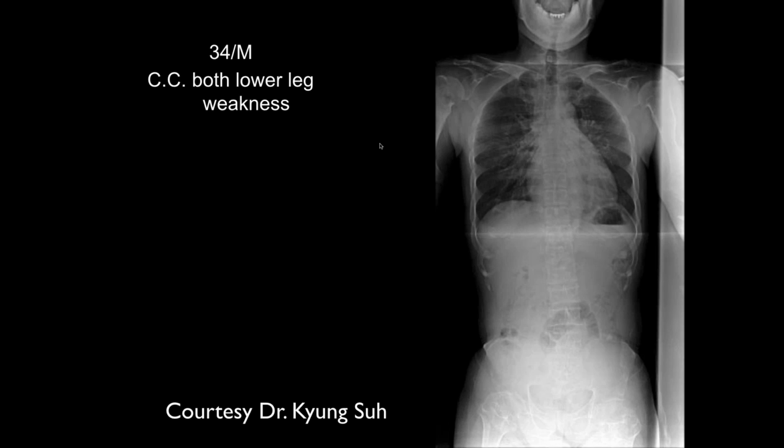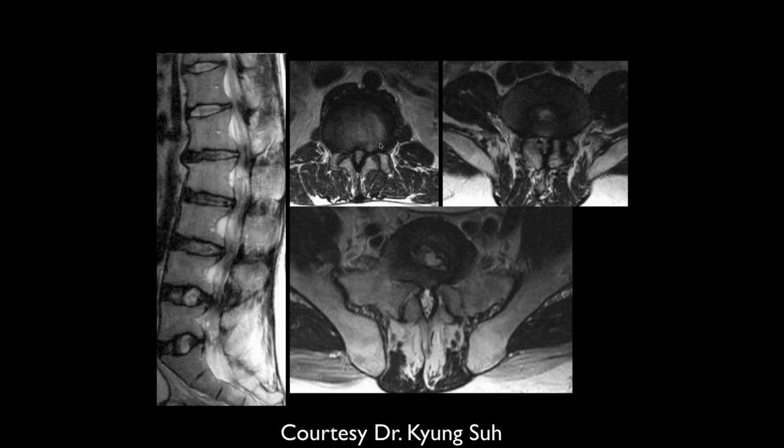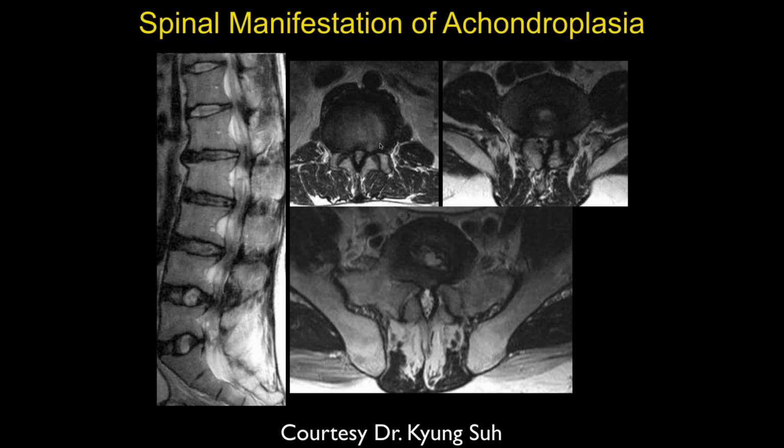The language is one of the problems we have in medicine, the way we call things. Lower leg, I suppose, means below the knee. Yeah, I think they mean the leg here, not the lower extremity. But actually, my guess is they just mean lower extremity weakness. Yeah, it's kind of confusing. Yeah, I agree. And it's like achondroplasia. Very nice, good.